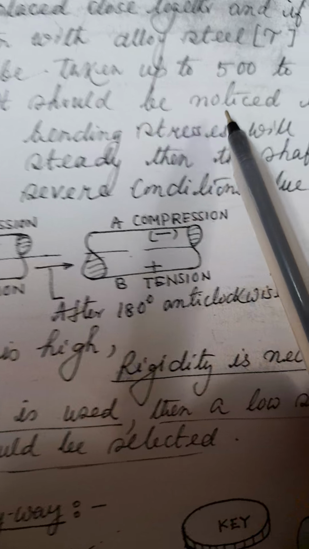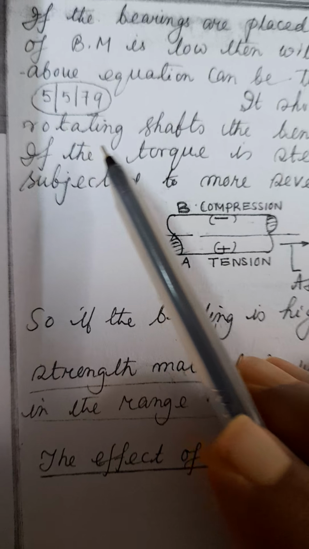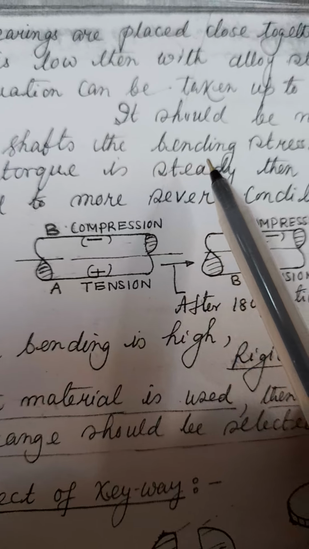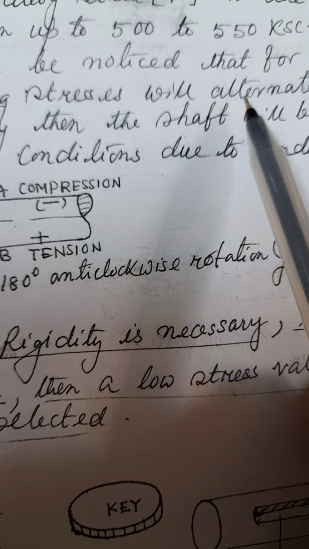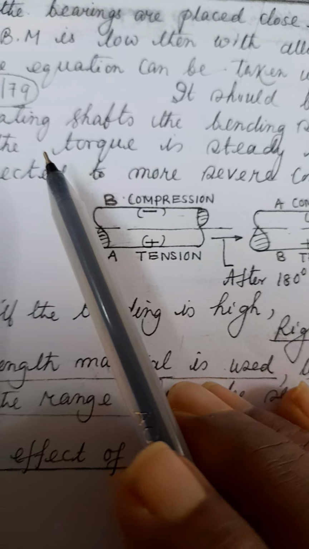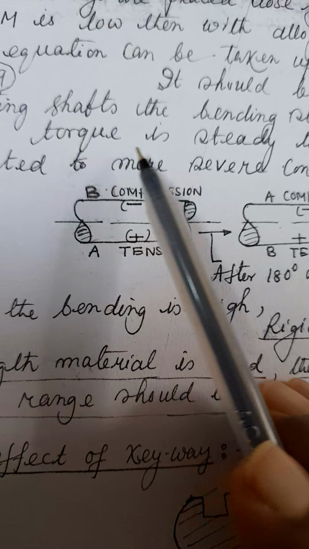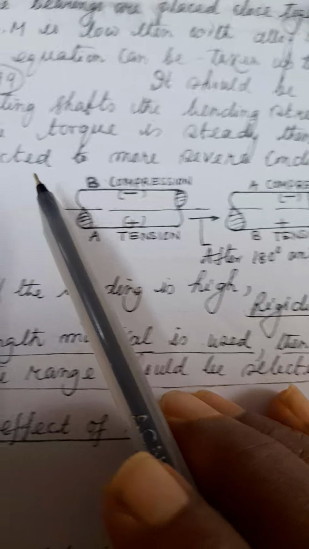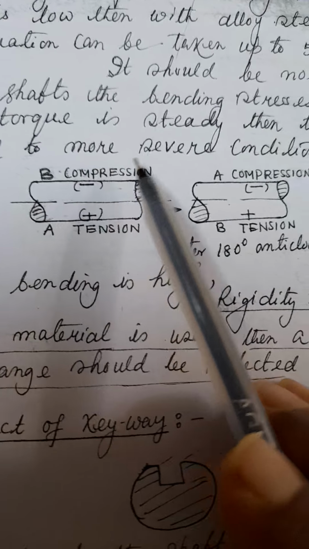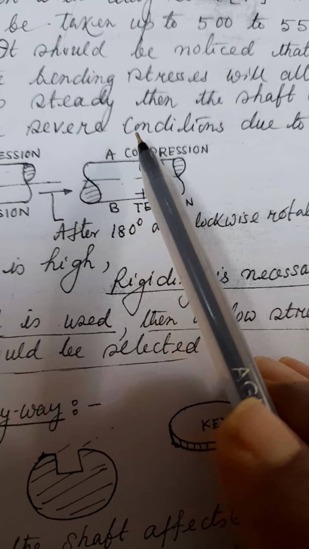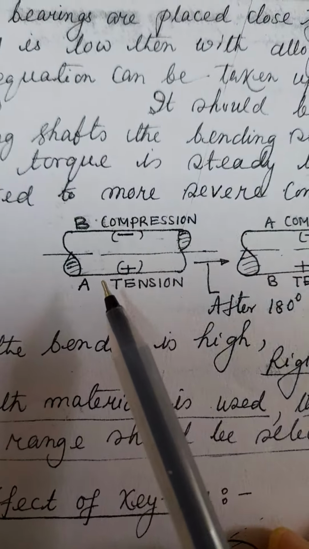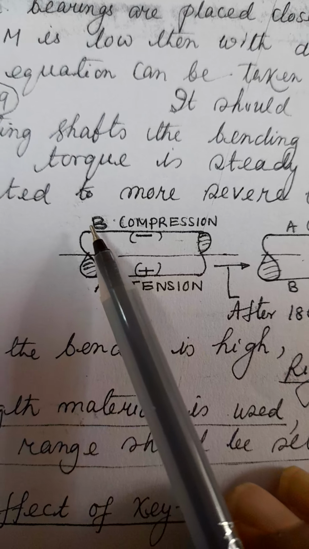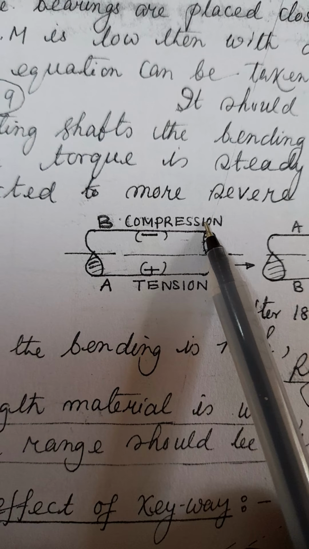Now it should be noticed that for rotating shafts, the bending stresses will alternate. If the torque is steady, then the shaft will be subjected to more severe conditions due to bending. Now you see this is the tension side, suppose, and B is the compression side.